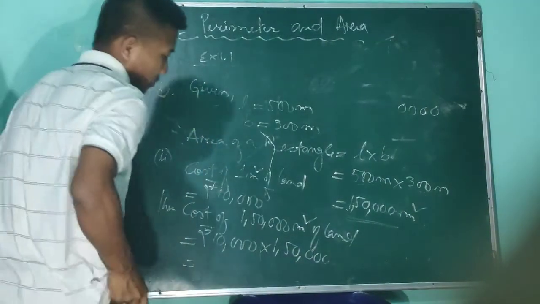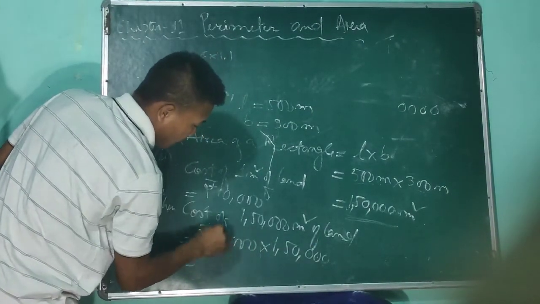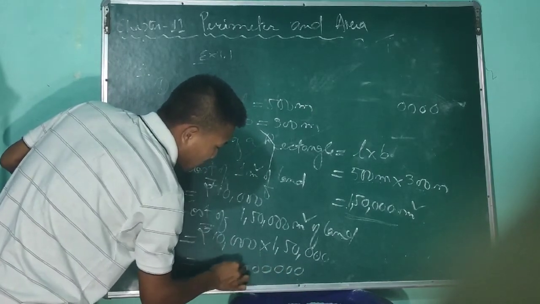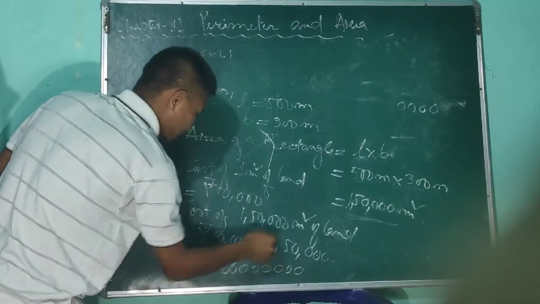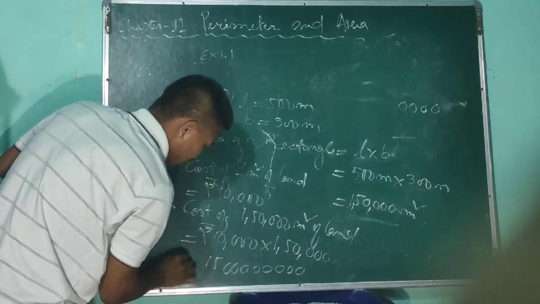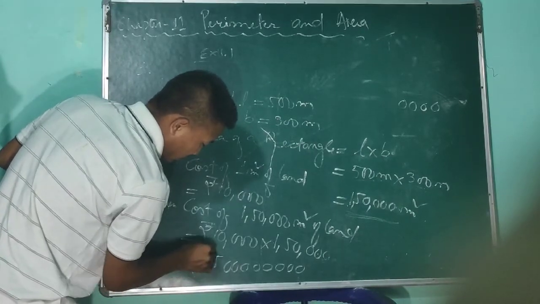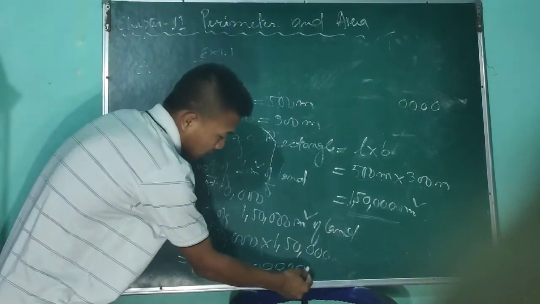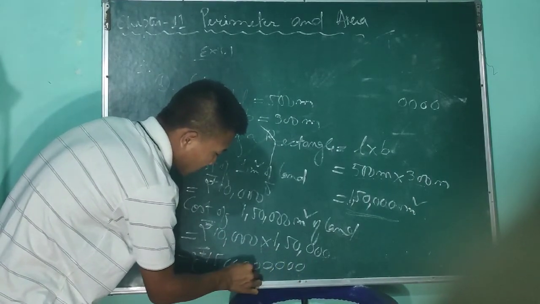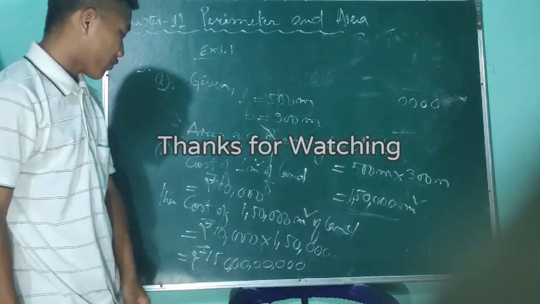So multiply them. Keep all the zeros out: 1, 2, 3, 4, 5, 6, 7, 8, 8 zeros. And then 15 into 1, 15. How much is it? Let us find it: 1 unit, 10, 100, 1,000, 10,000, lakh, 10 lakh, crore, 10 crore, and 100 crore. 150 crores.